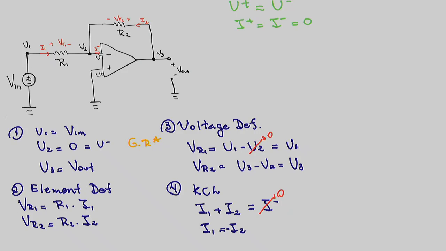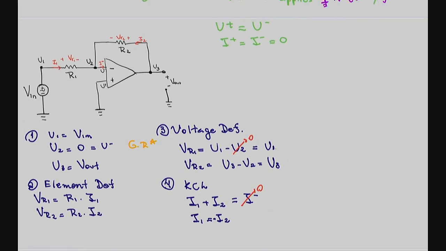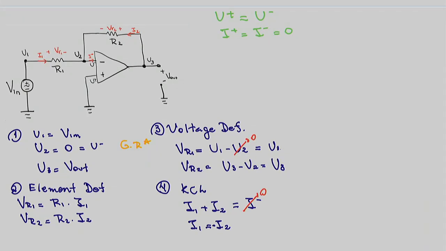Next, what we want is to find out V in and V out, right? Now finally we have everything that we need to write our gain relationship, V in and V out. So let's go back to the board here. I know that V in is going to be equal to U1, which is equal to I1 times R1.